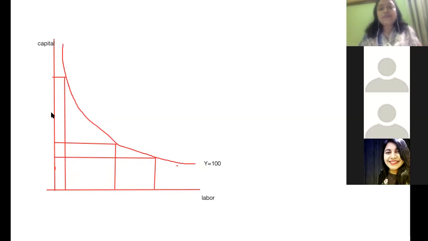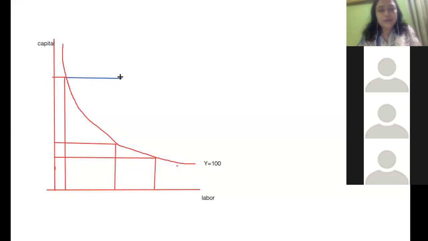The reason is, if you increase one factor of production, let's say you are over here and you increase your labor use up to this point but keep the capital the same, then what would happen?